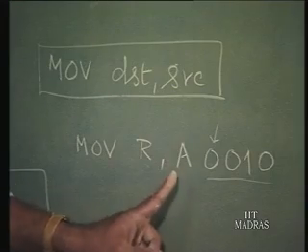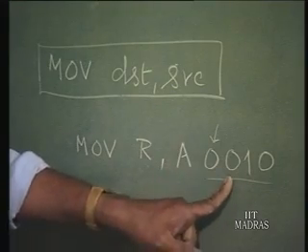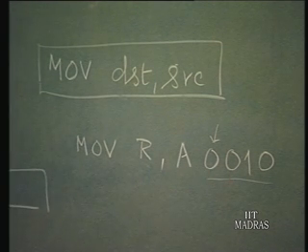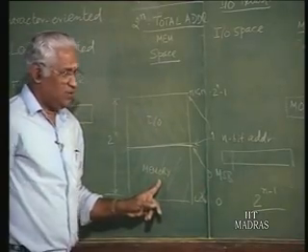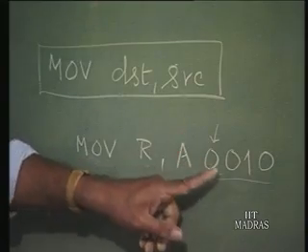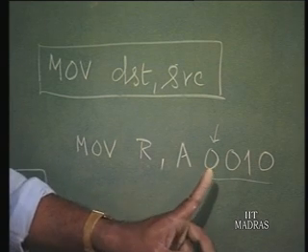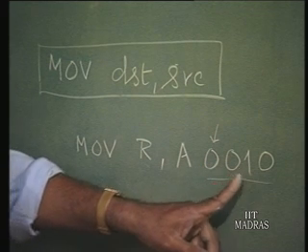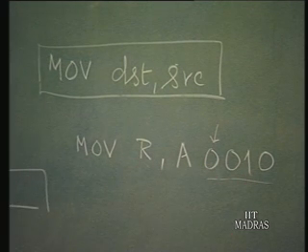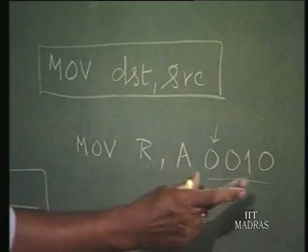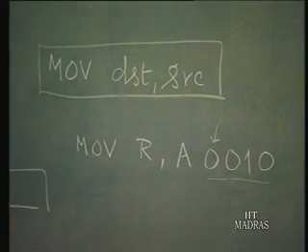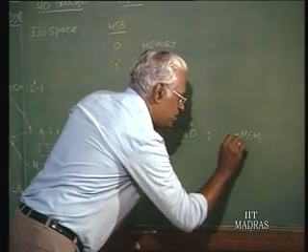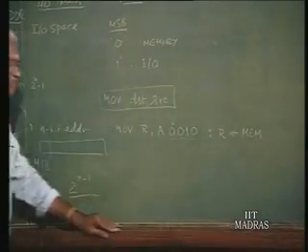It says you are moving from this address, and where exactly physically is it? It is because the address starts with MSB 0, it is in memory. So, basically the effect of this is to move from memory, specifically address 010, because this is only indicating memory or IO, to register. So, this is going to cause a movement from memory to register.